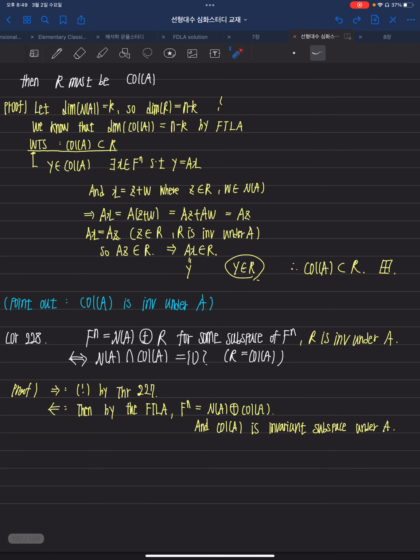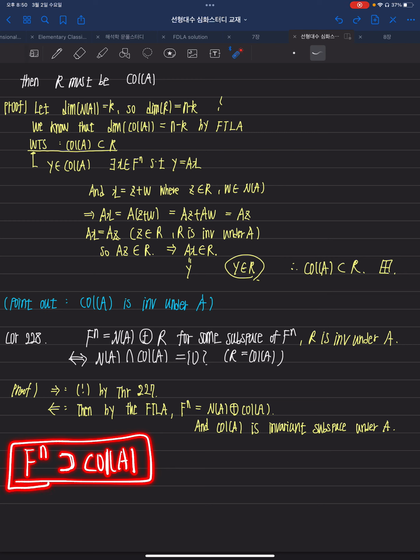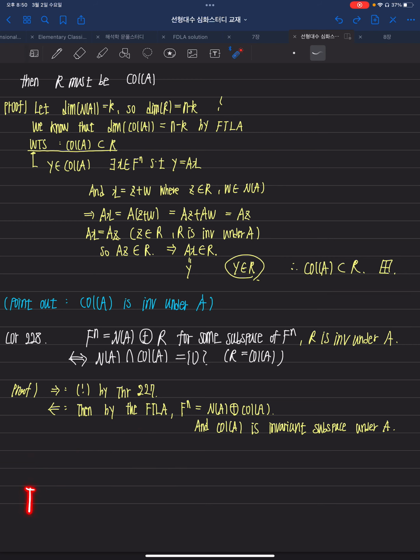More intuitively, you must know that the column space of A is a subspace of Fn. Next, the null space of A is a subspace of Fn.